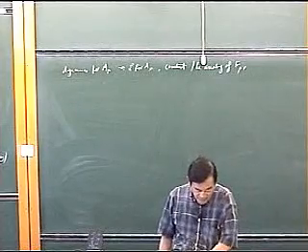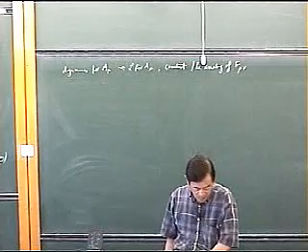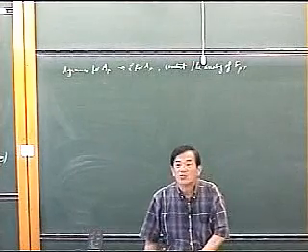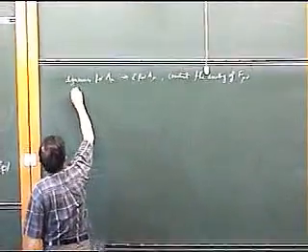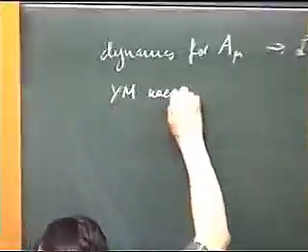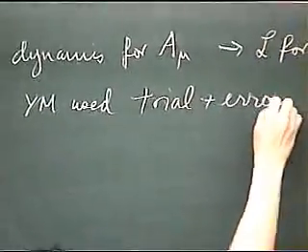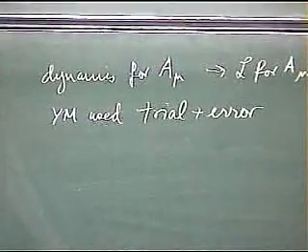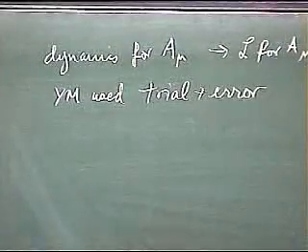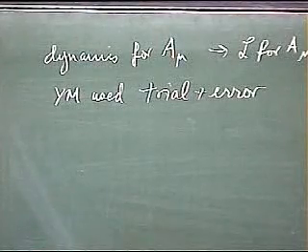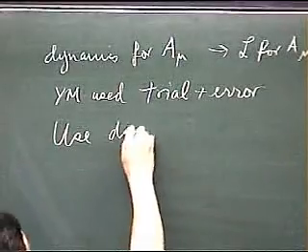With differential forms, things become much, much simpler. Yang and Mills used brute force trial and error. But instead, since we're so much more sophisticated than Yang and Mills, all of you, because you just learned differential forms, we're going to use differential forms.